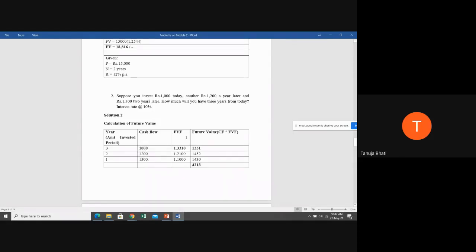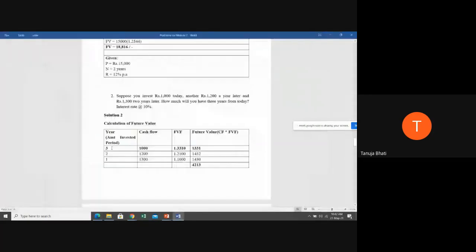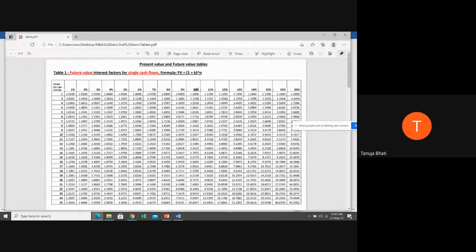Now, future value factor, when you calculate for a single cash flow, future value factor for a single cash flow for a period of 3 years, if the rate of interest is 10%. So you go to 10%, for a period of 3 years, which you are going to see vertically, that is 3. So what is the figure you're getting? 1.3310.